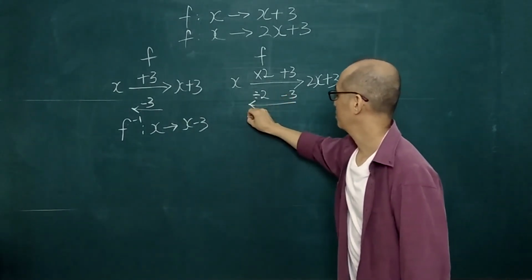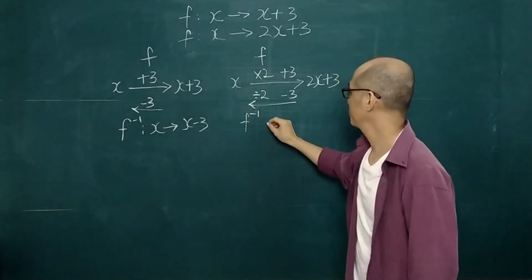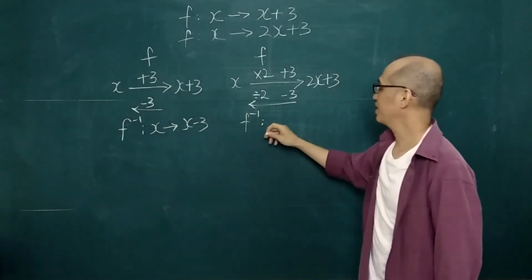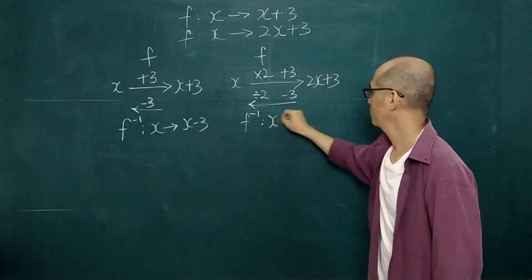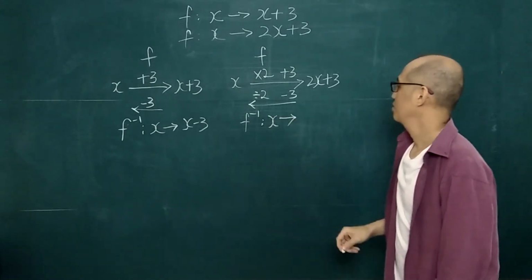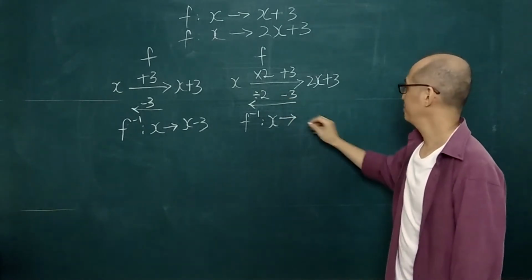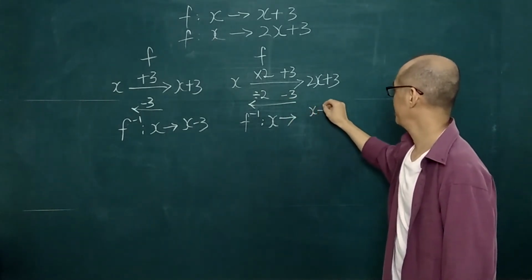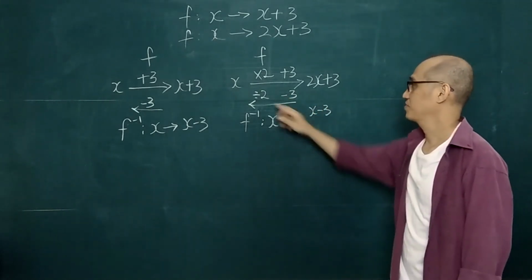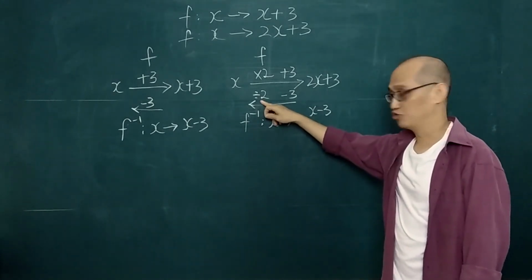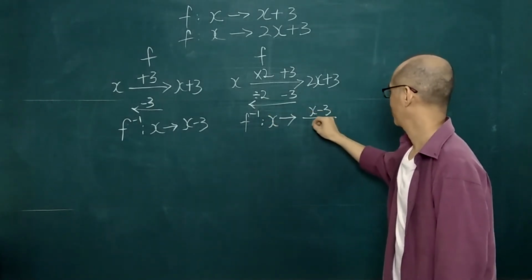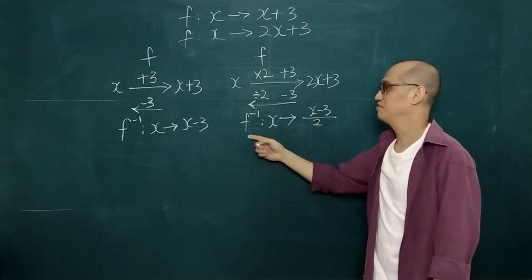So for the inverse function, then the inverse function maps x to, right, first minus 3, so x minus 3. After that, divide the answer by 2. So that is the inverse function.